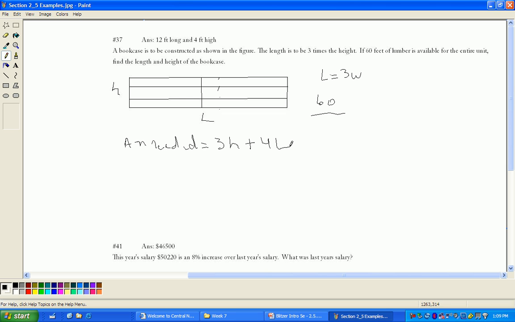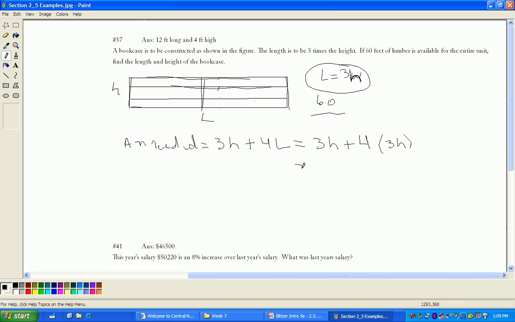Here's why it's so important to draw things out. Here's one L, another L, another L, another L, and our 3 H's. From reading the problem, L is equal to 3H, so everywhere I see an L, I'm going to put 3H.